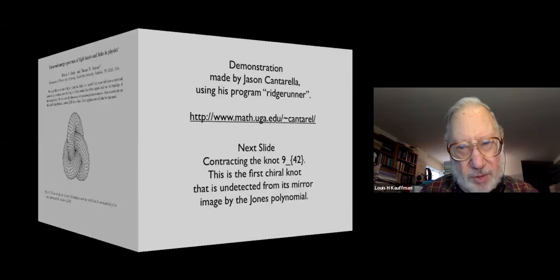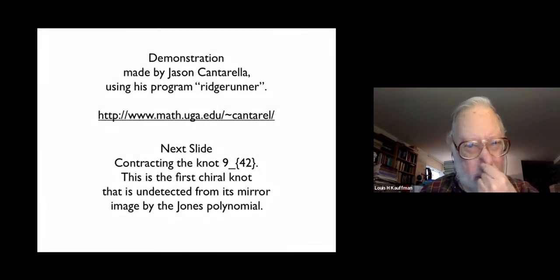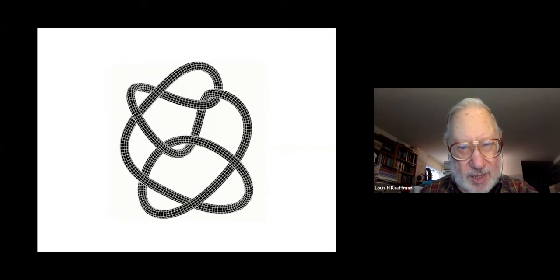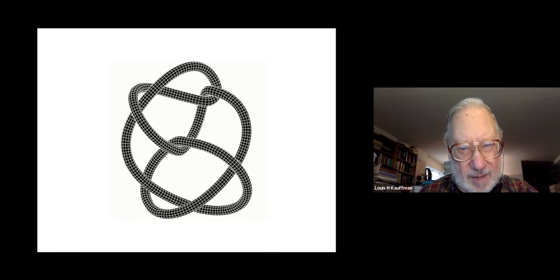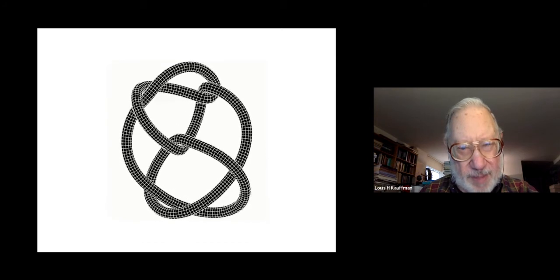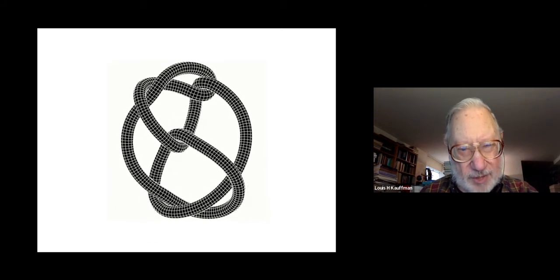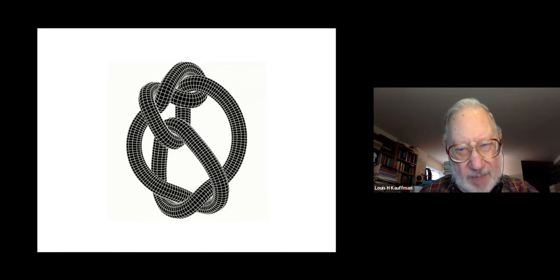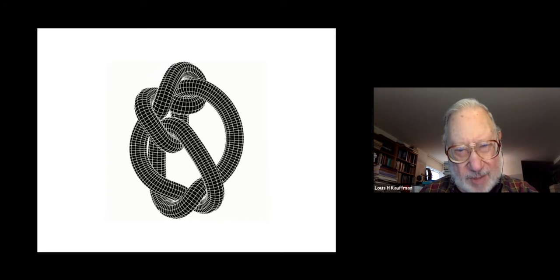But if you were to, next demo courtesy of Jason Cantarella, if you were to take a knot and allow it to contract to its least form, that is, it's trying to contract, but in his program, he allows the diameter to increase.